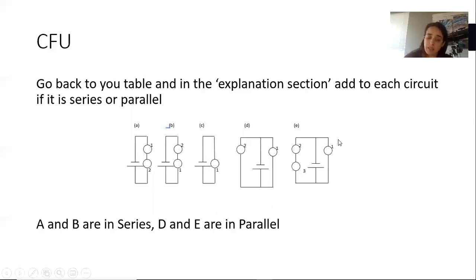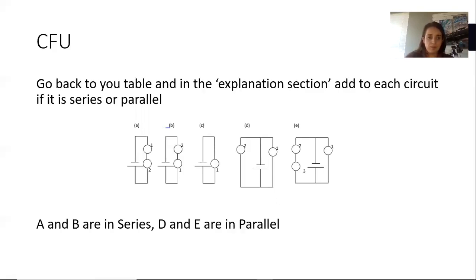E is interesting because light bulb 1 is in parallel with light bulbs 2 and 3, so they're parallel to each other. But if you look within the circuit, bulbs 2 and 3 are actually in series with each other. So you can have a circuit that has a combination of both setups within one circuit.